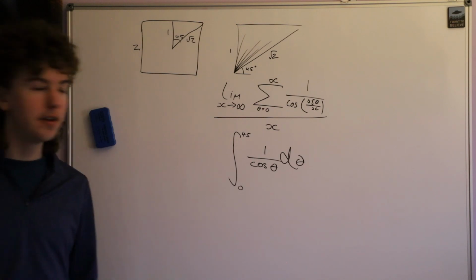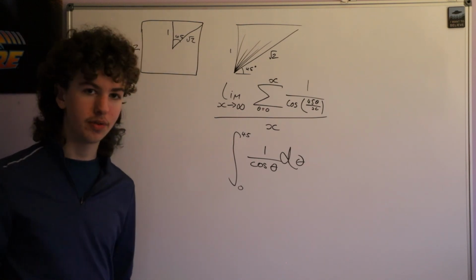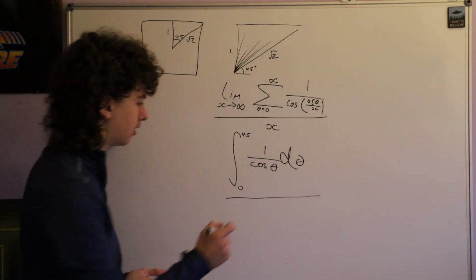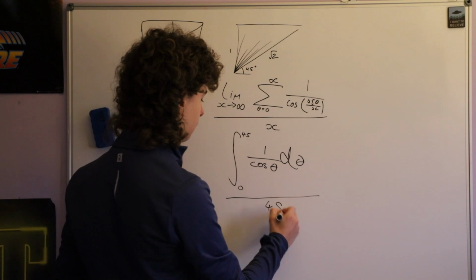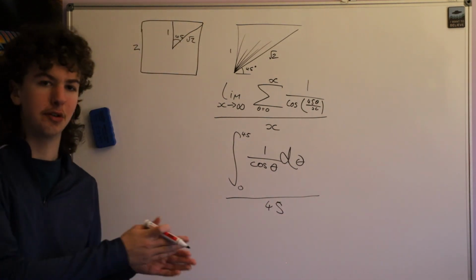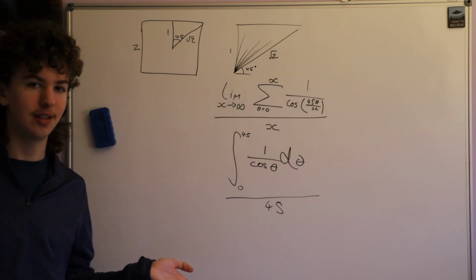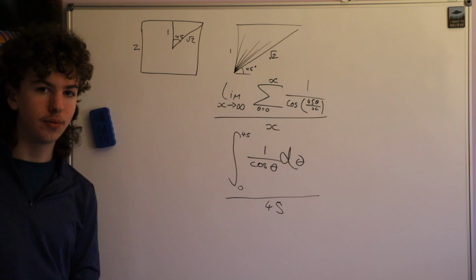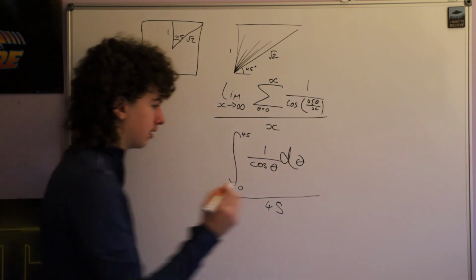That'll give us an infinite amount of samples. Now we just have to divide this by 45, because that's the amount of angles we're integrating between, kind of. So what does this value give us?